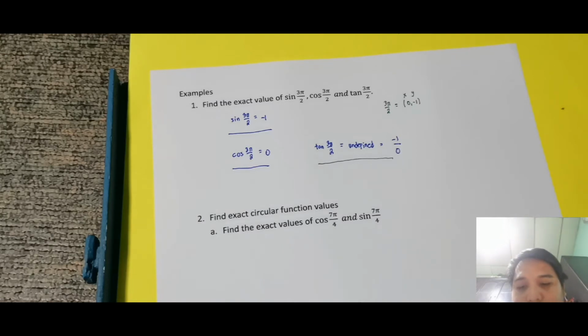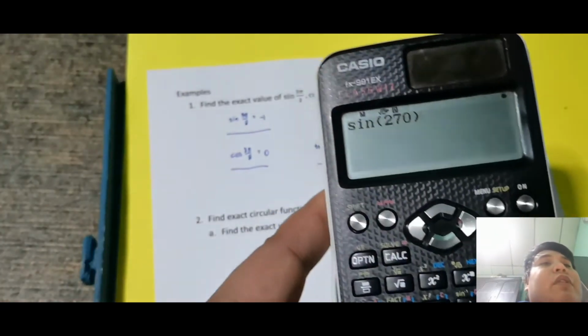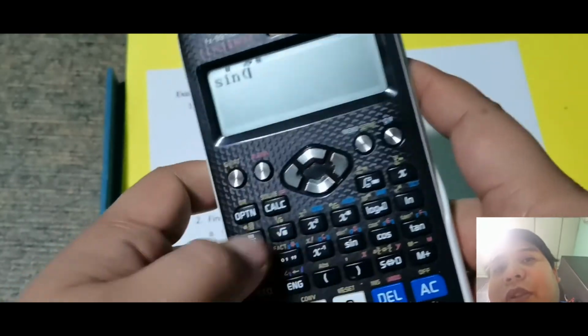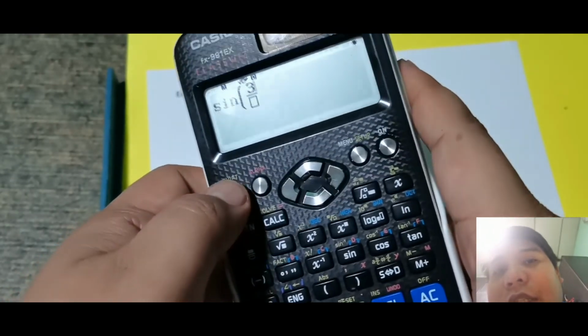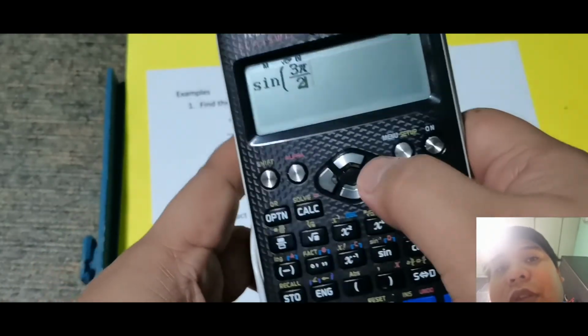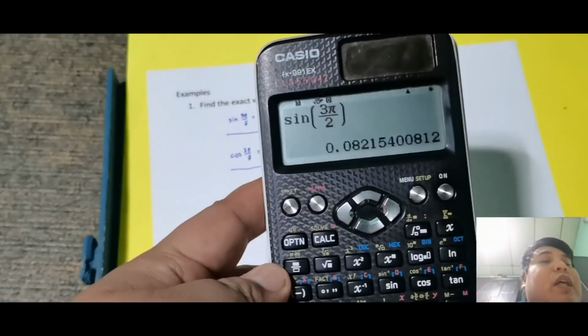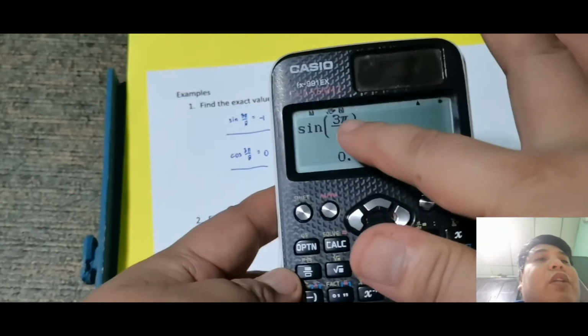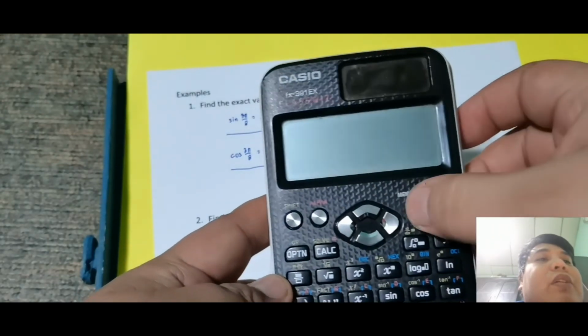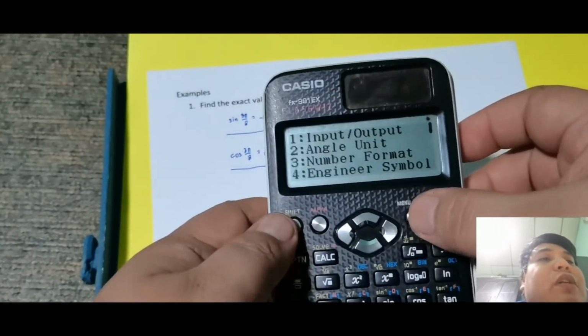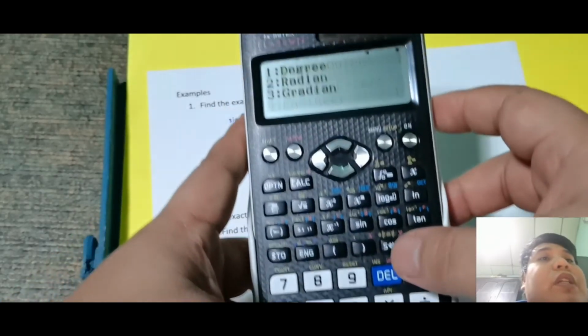So let's check. Sin 270 degrees. Okay, so that is negative 1. But notice this: when I compute sin 3 pi over 2, it doesn't come out as exactly negative 1. So now, this is the question: sir, why is that? My calculator's mode is in degrees. If you change the mode, for example, shift mode, the angle input is in radian.